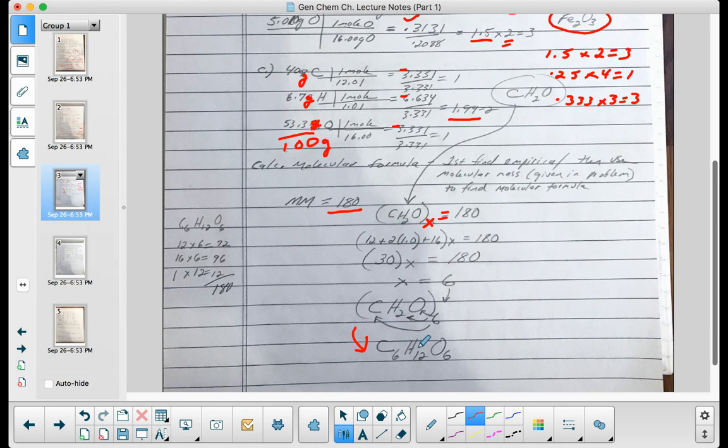It becomes C6H12O6. So finding the empirical formula first, then taking the empirical formula and setting some multiple of that empirical formula equal to what the molecular or molar mass is. I'm going to stop there.